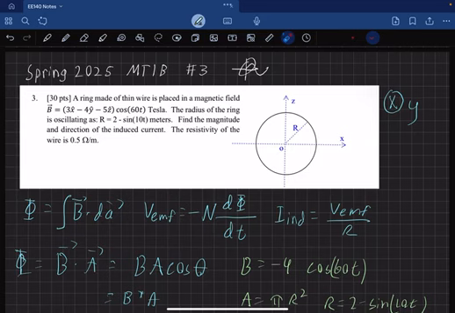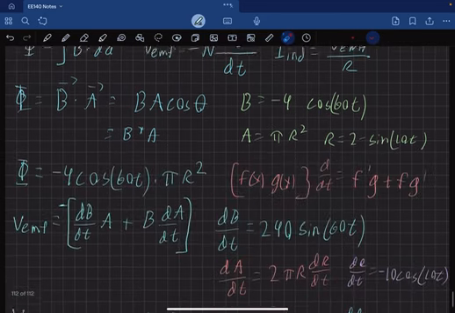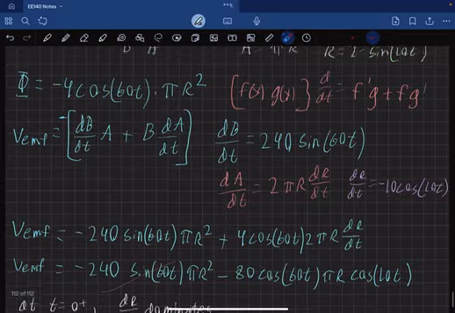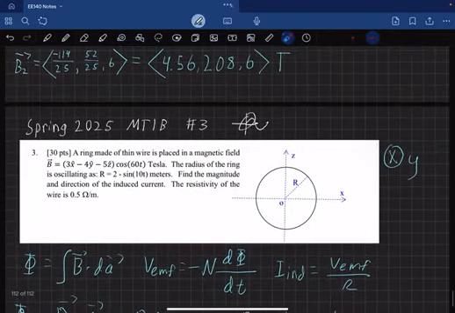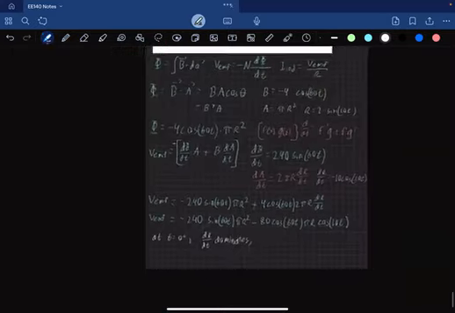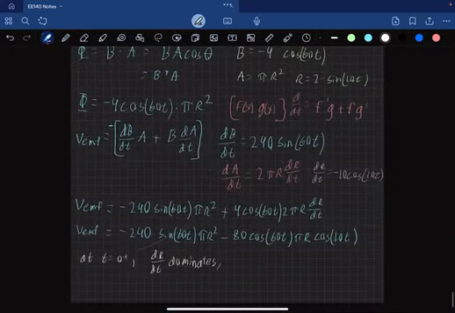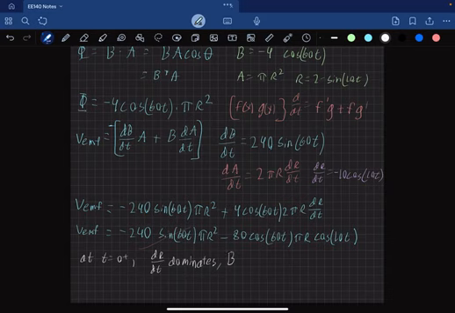Now our magnetic field is going in the negative y direction, correct? So we know that we're decreasing in the direction that's coming out of the page. So here I'll write that B field in the negative y direction, coming out of the page, is decreasing.